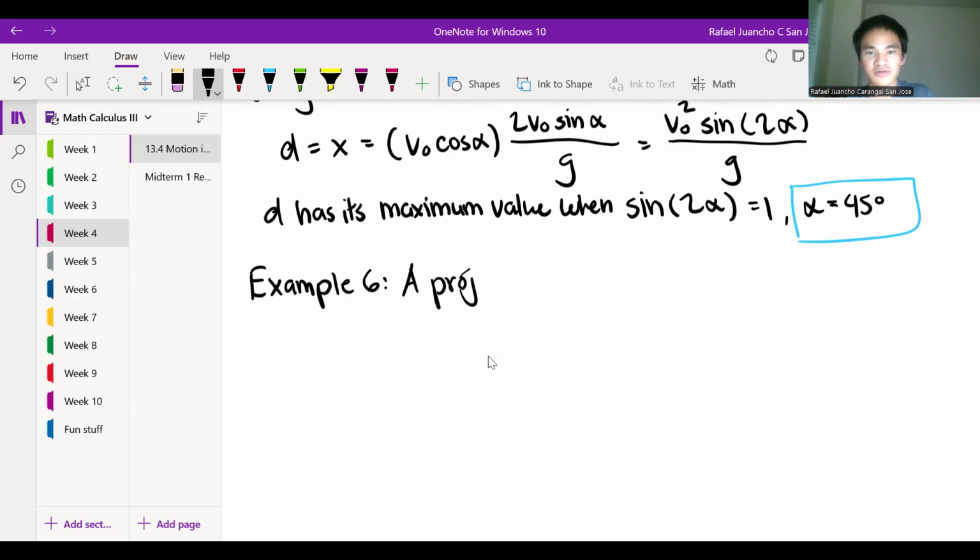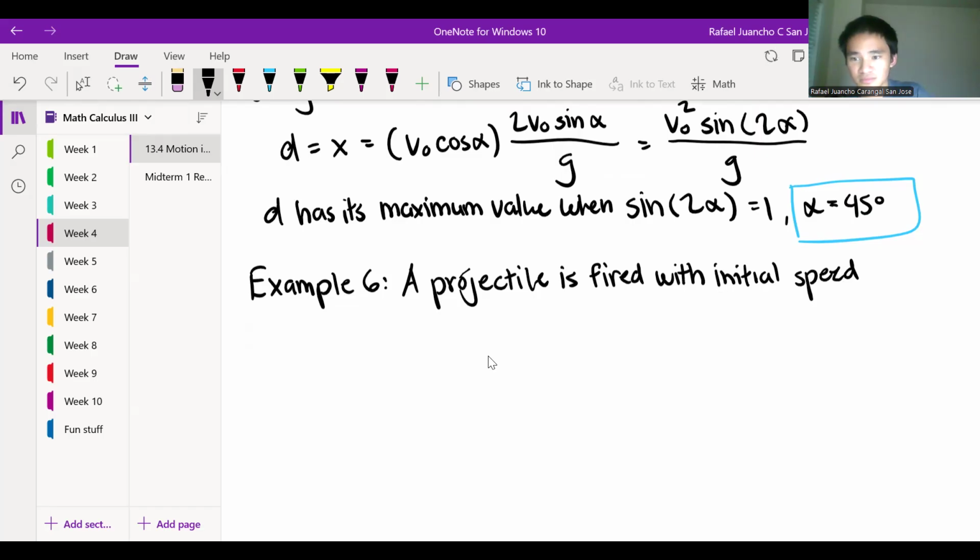Okay, so for example 6, we fired a projectile, and it has an initial speed. So here we're talking about speed. So now we put some numbers: 150 meters per second.